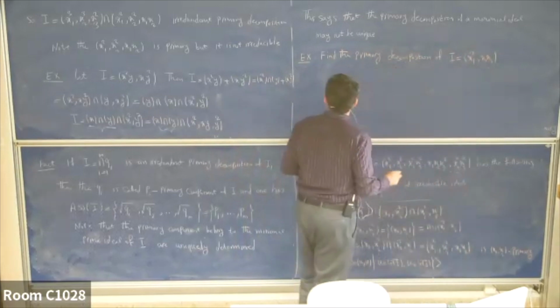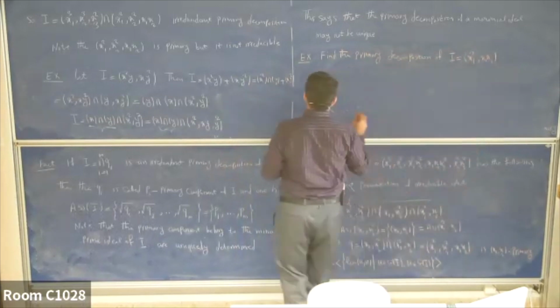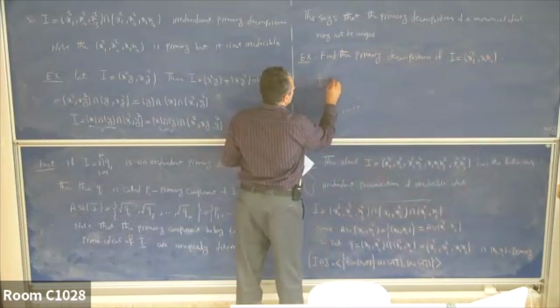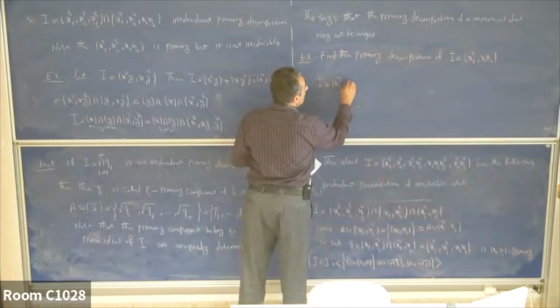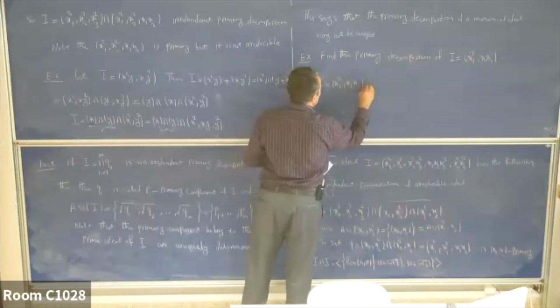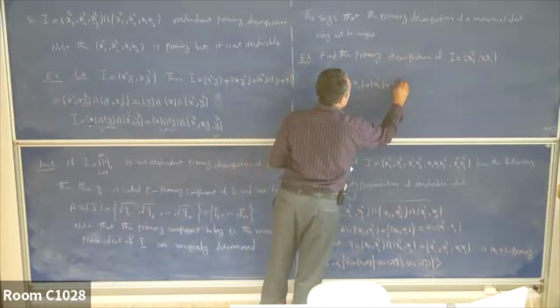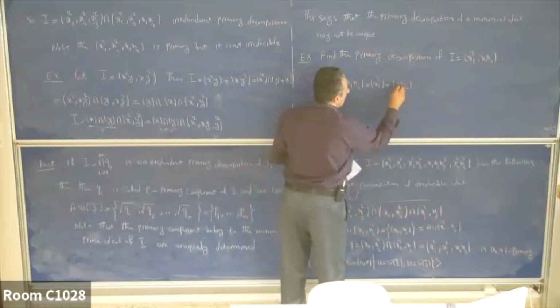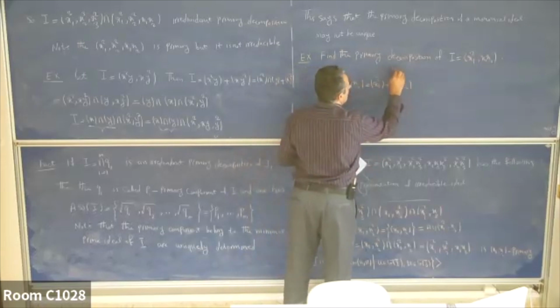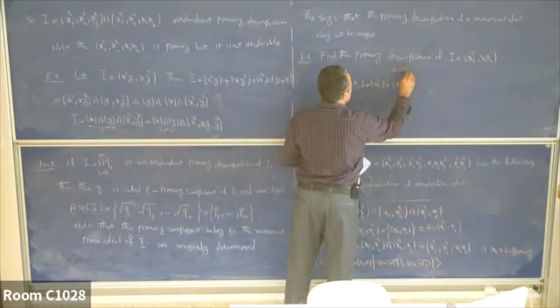This ideal I = (x₁², x₁x₂) is equal to (x₁²) + (x₁x₂). This ideal is equal to (x₁) intersection (x₂).